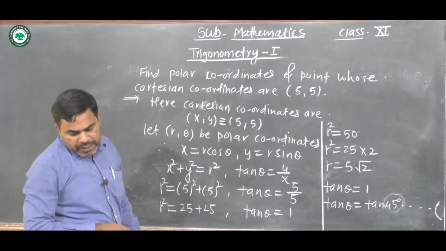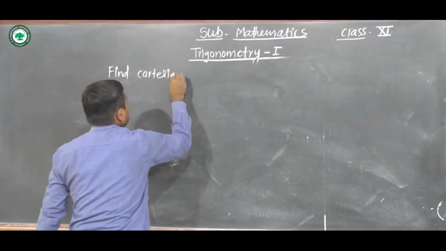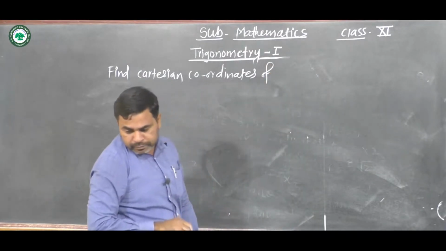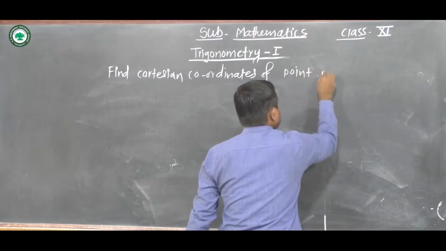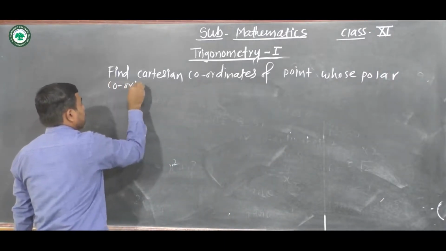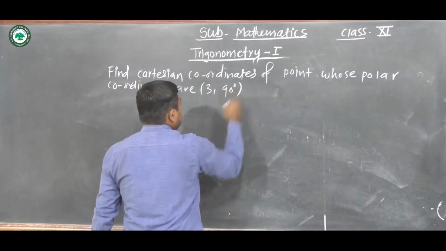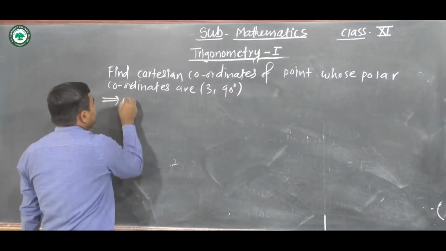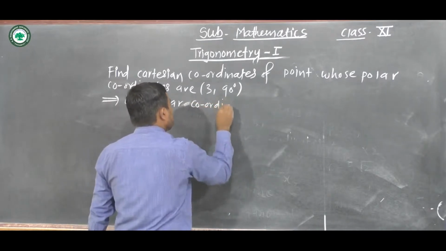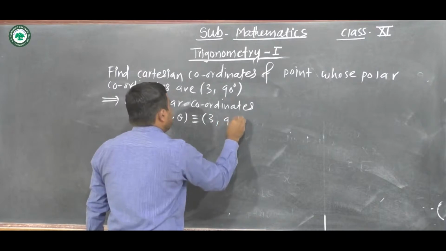Next example, find Cartesian coordinates of the point whose polar coordinates are 3, 90 degrees. Let r comma theta be polar coordinates, and here they are given as 3 comma 90 degrees.